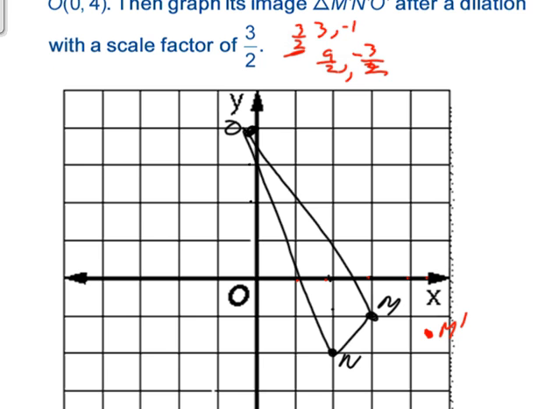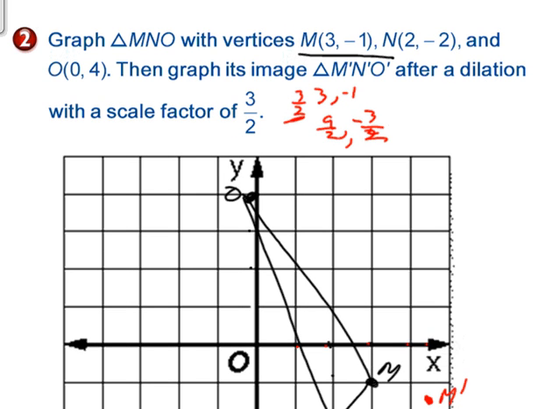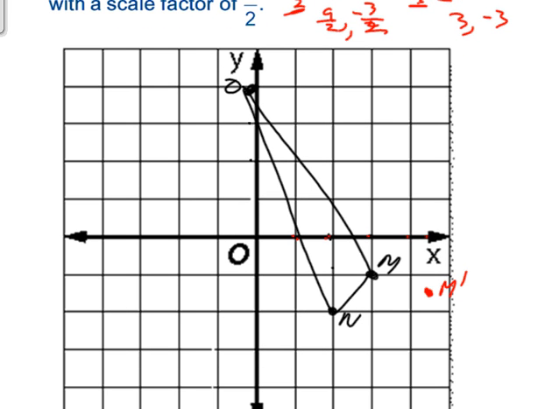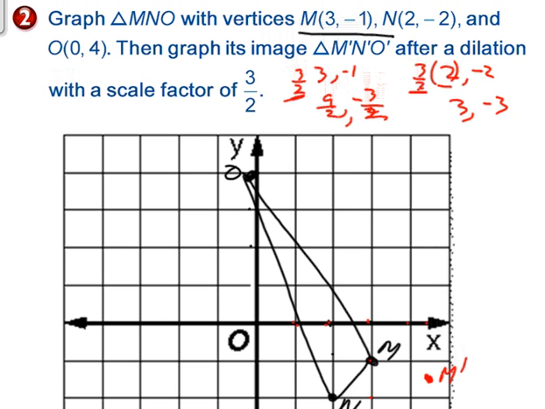All right. The next one, 2 comma negative 2 times 3 halves. 3 halves times 2 would become 3, and 3 halves times negative 2 would become negative 3. So 3, negative 3. 1, 2, 3, 1, 2, 3. This is point N prime. And the last one that we have to calculate was the point 0, 4.